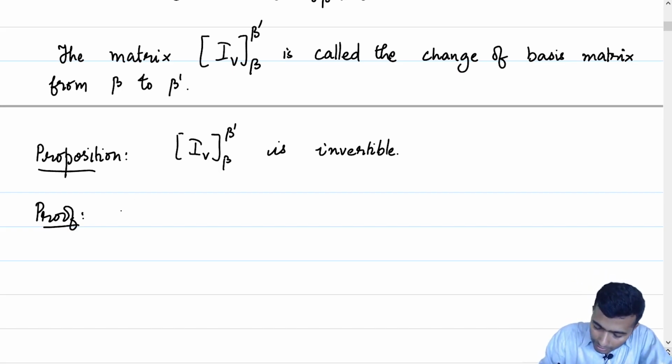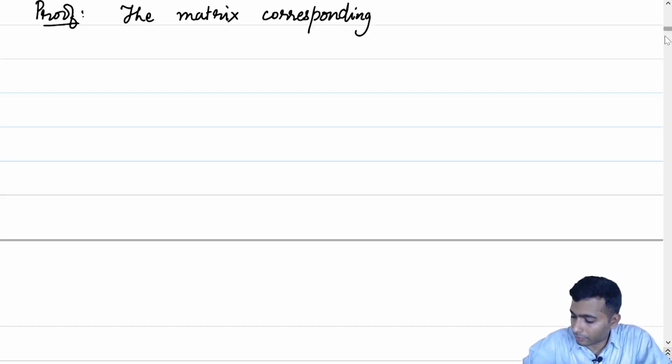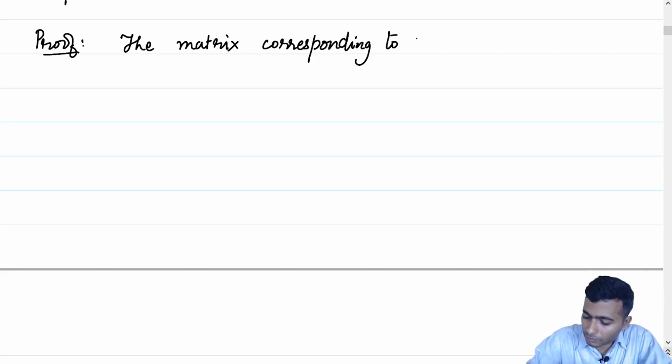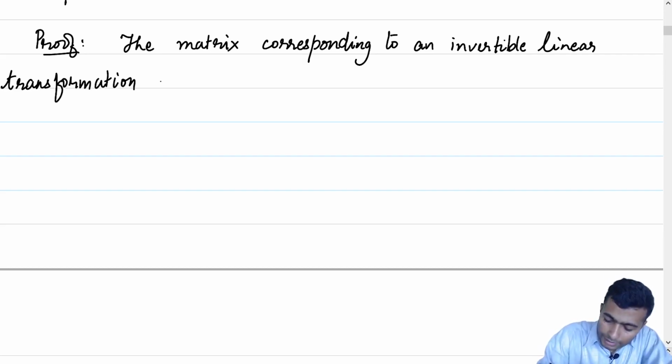So, the reason is that the matrix corresponding to an invertible linear transformation with respect to any basis is invertible.